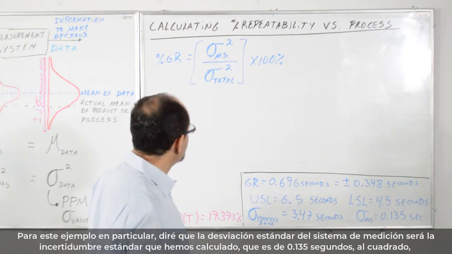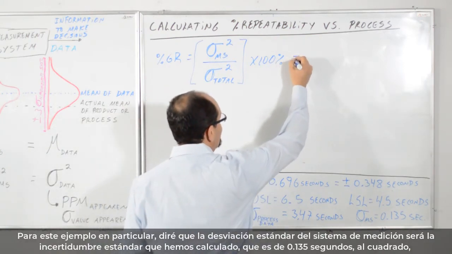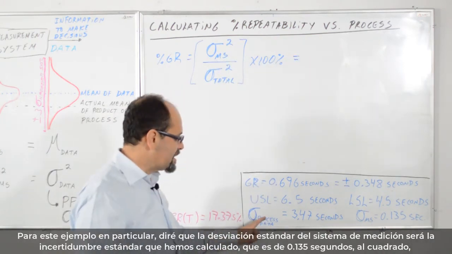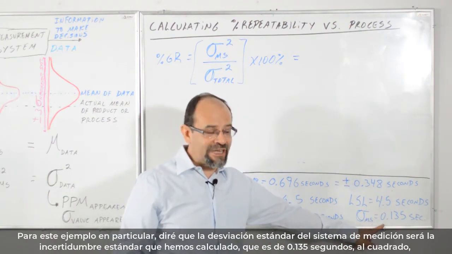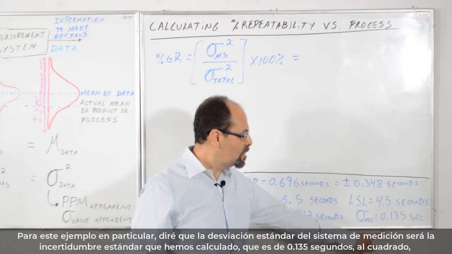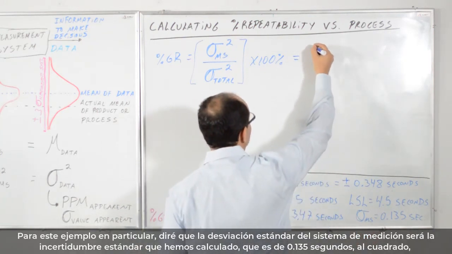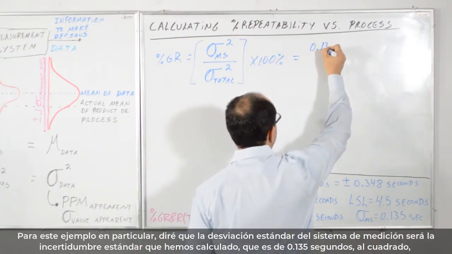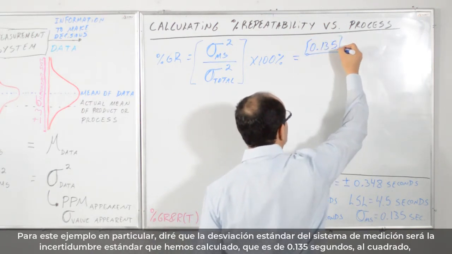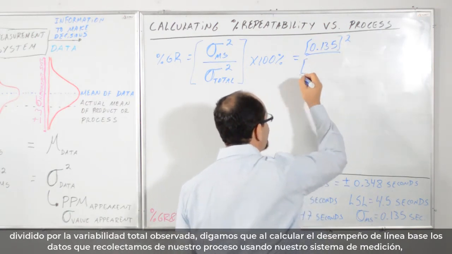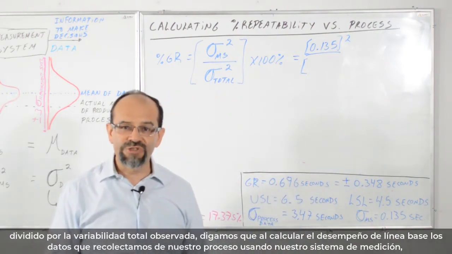For this specific example, for the standard deviation of the measurement system, we have calculated that the standard uncertainty, which is the standard deviation, is 0.135 seconds, divided by, and all of that is square, the total variability observed.